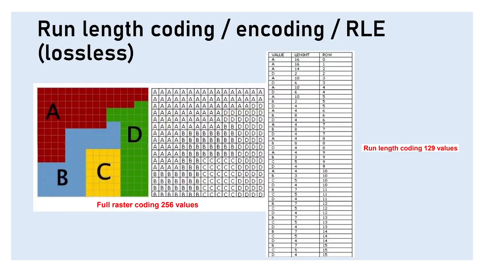So this is yet another example. So here we have a full raster coding of 256 values over here. So we have A, B, C, D, like 4 different categories we can say. First A, we will see in the first row it is completely all 16 cells. So that is considered as the 0th row.